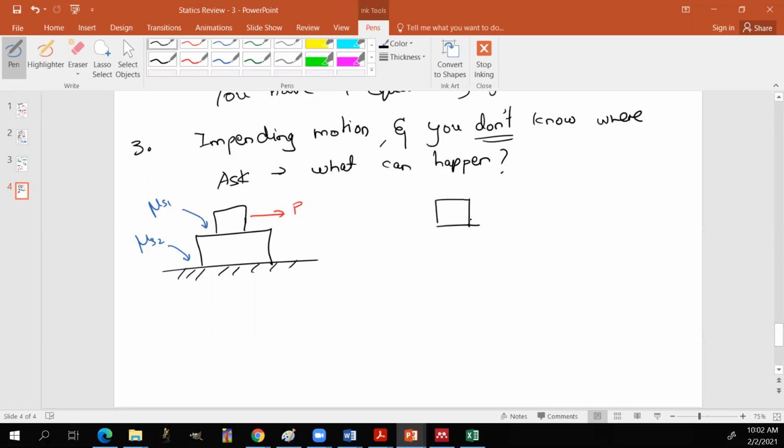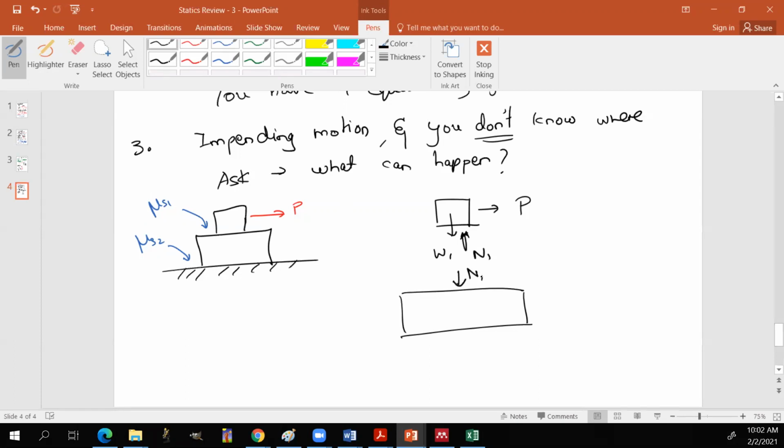Now you need to break it up into your individual free body diagrams. Take P, you have the weight, you have a normal force. And then you take the other free body diagram. Every action has an equal and opposite reaction, so you'll have N1 downwards like that.